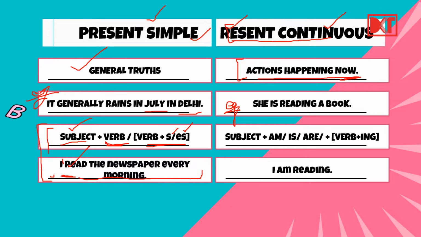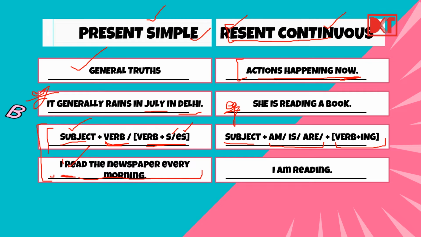Then for the rest of it, here we have subject, then we have am or is or are. ये कब कब use होते हैं? This is also something that we will see in the next few slides. And then verb की ing form.